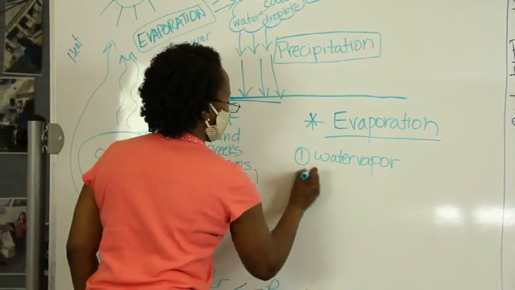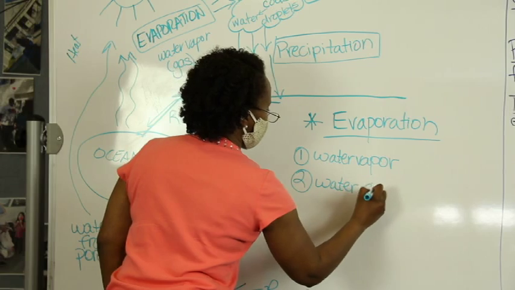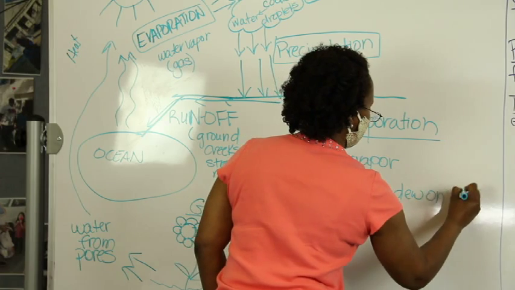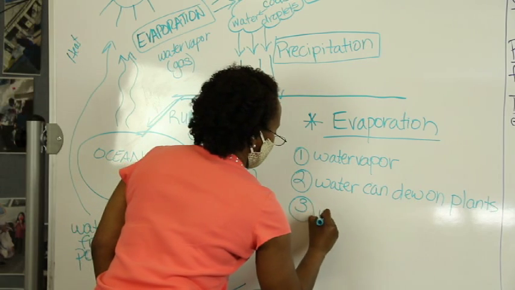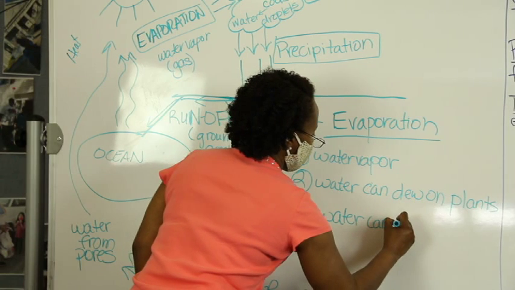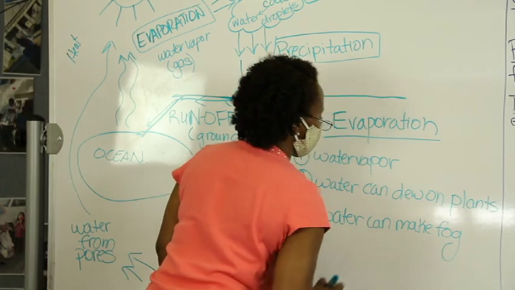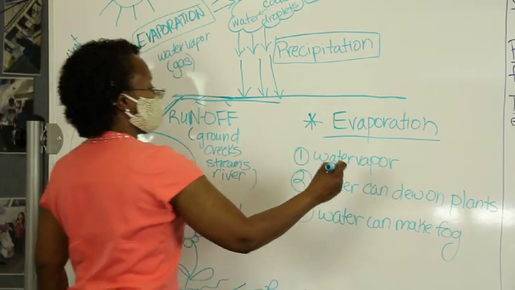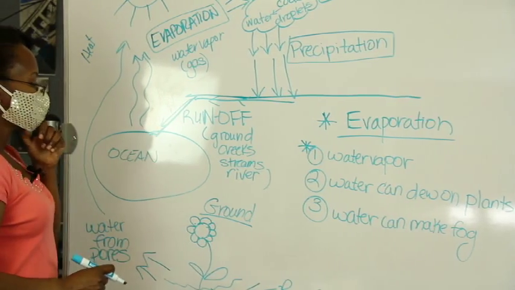The other one is that the water can form dew on plants, or the water can make fog, meaning that it doesn't go all the way up to where the clouds are, but is a little bit lower, but most of it goes up to the sky, okay?